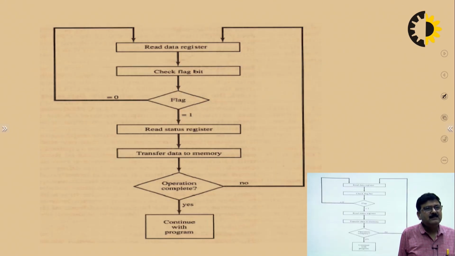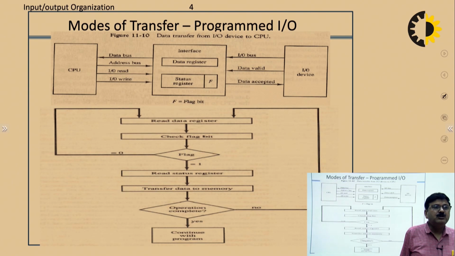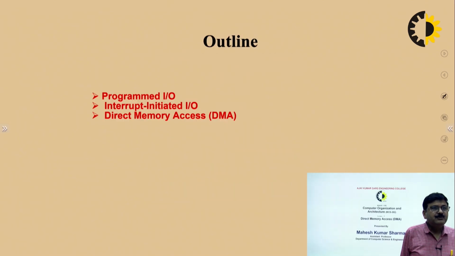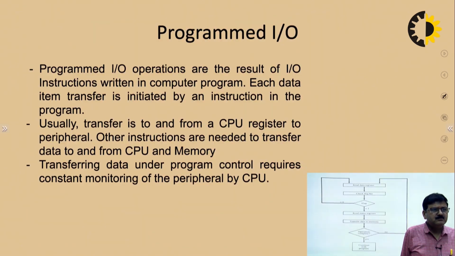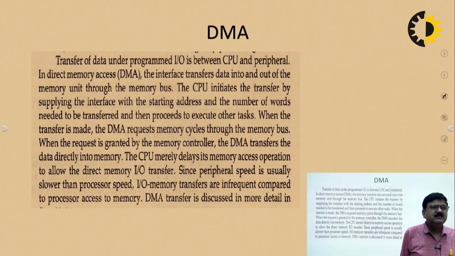Then the DMA comes into the picture. Transfer of data under programmed input-output is between the CPU and peripheral, whereas in direct memory access the interface transfers data into and out of the memory unit through the memory bus.